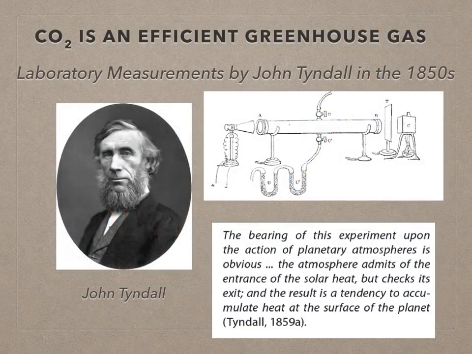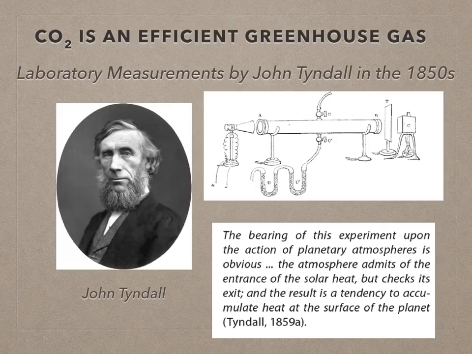In the 1850s, an Irish scientist who lived in London carried out experiments to see what gases in the atmosphere were the most effective greenhouse gases, and he determined that carbon dioxide is indeed a very important greenhouse gas. And in 1859, he wrote a paper in which he said, "The bearing of this experiment upon the action of planetary atmospheres is obvious.